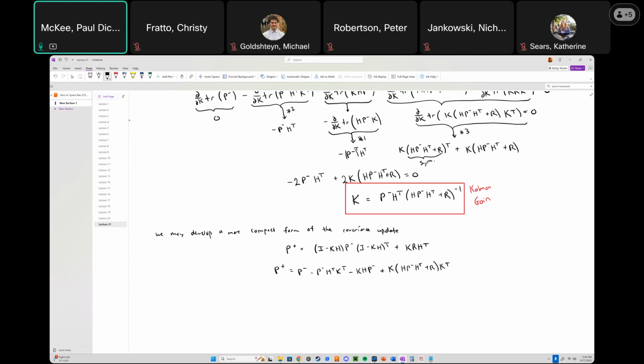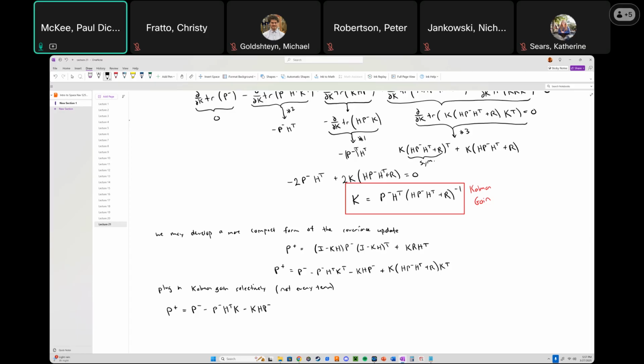Okay, so now this is where we are going to plug in the Kalman gain selectively. So not every term. Okay, so bear with me for a long equation. P plus is P minus minus P minus H transpose K transpose, minus K H P minus.